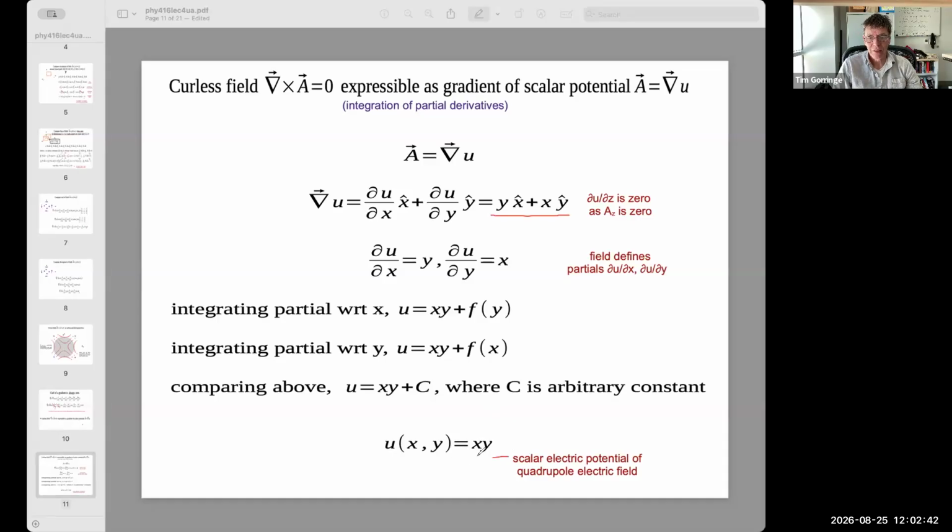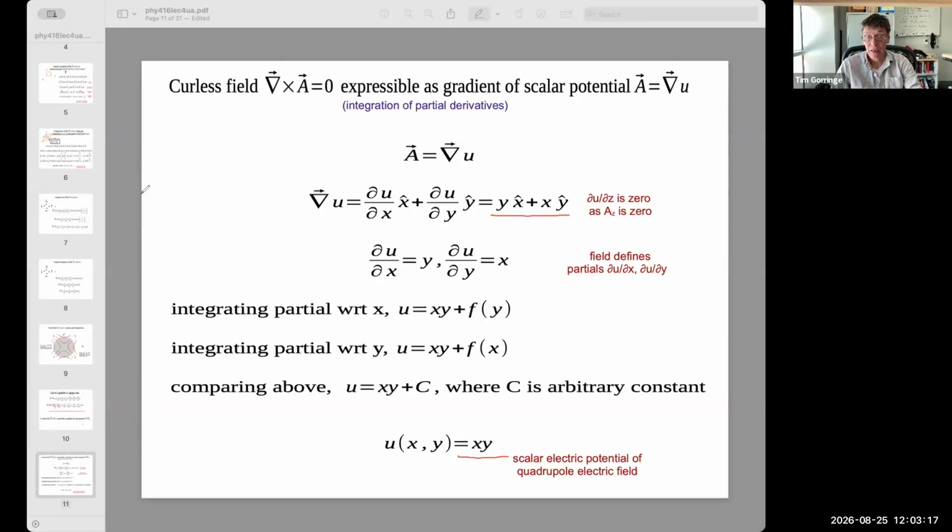I'm just deriving here that you could represent that vector field as the gradient of a scalar potential. And here's what that scalar potential is. It's just xy. There's a simple underlying scalar potential beneath that particular quadrupole field, which is simply xy. Well, that's one version of that potential.